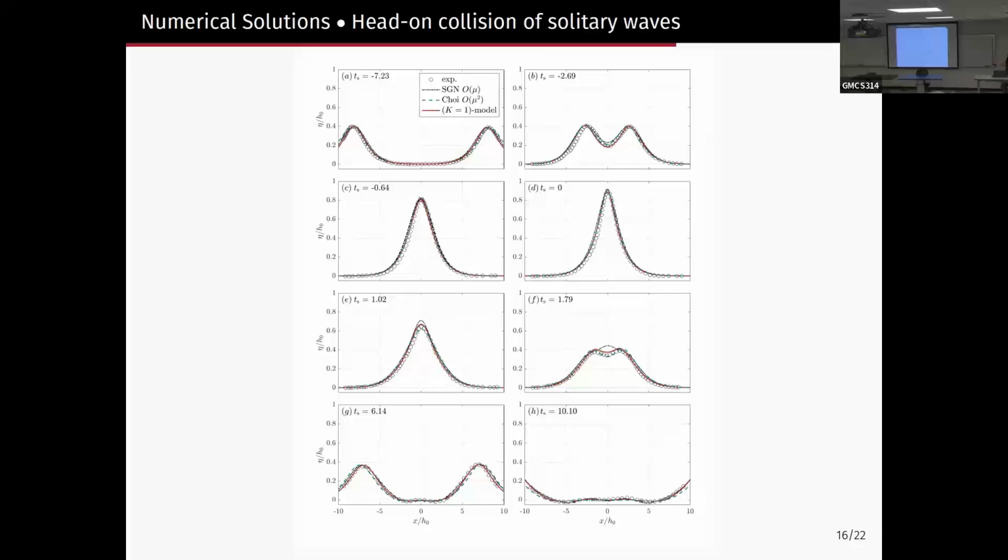And you can also just visually see that the black SGN line starts losing a little bit of the free surface, which means that there are high order effects that cannot be captured by an omicron-new model. You have to go higher.